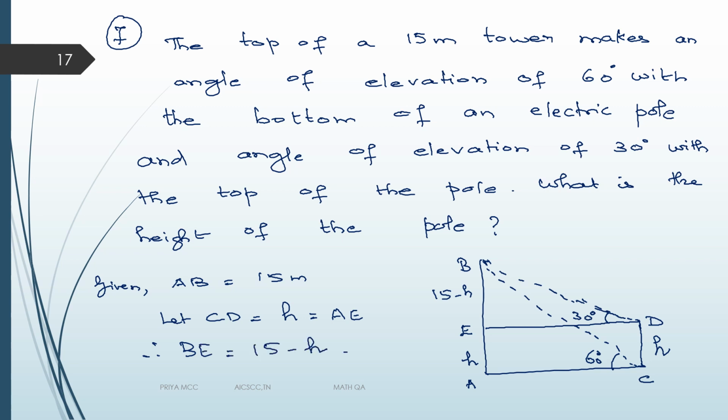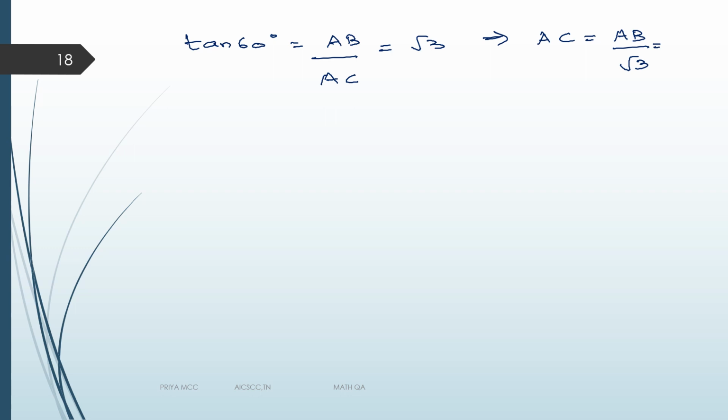Now write out your tan theta. What is your tan 60? Tan 60 is equal to AB by AC, and tan 60 is root 3. So I can say AC is equal to AB by root 3, which is equal to 15 divided by root 3. Right? And what is your tan 30?